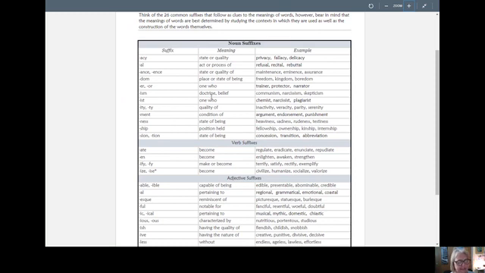ISM is a doctrine or a belief or a practice. If you believe in communism, you might be a communist, or maybe you practice Buddhism. You believe in Buddha. So these are doctrines or beliefs or a practice, the belief of something or a practice.